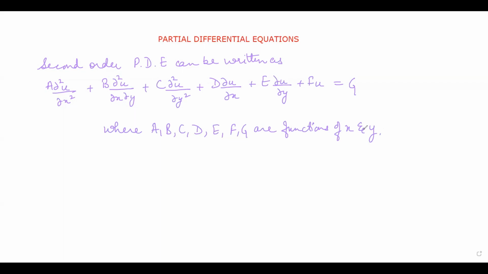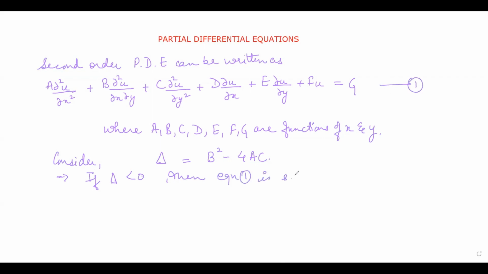So what is the condition we have for the classification? We'll be considering the discriminant, that is b square minus 4ac. In the first case, if your discriminant is less than 0, then your equation 1 is said to be elliptic.